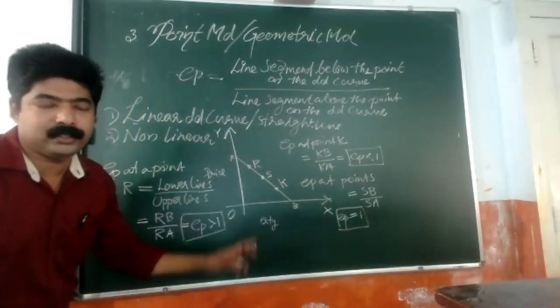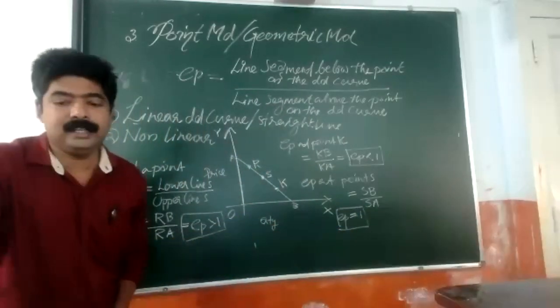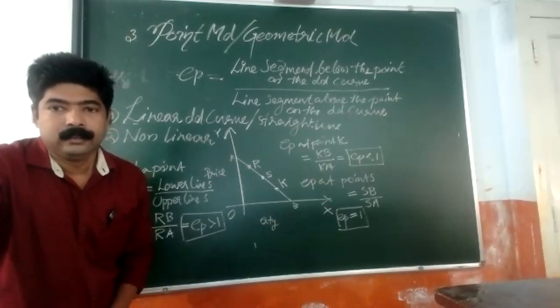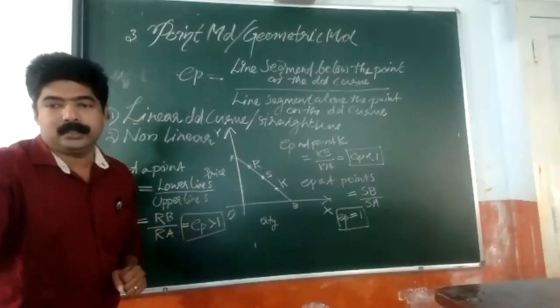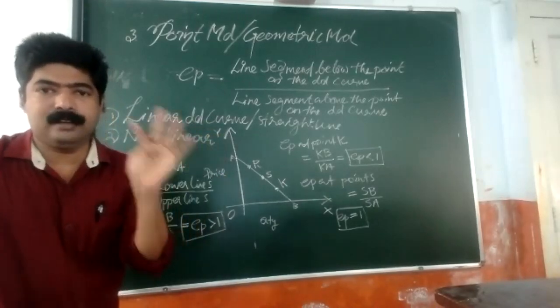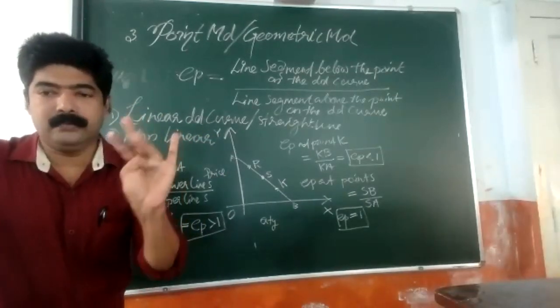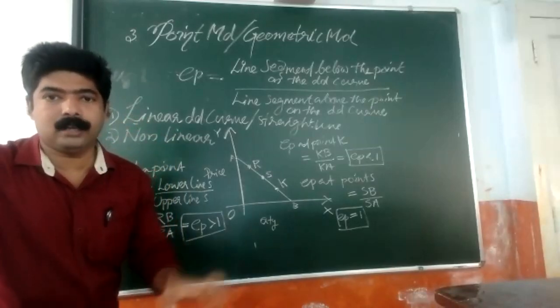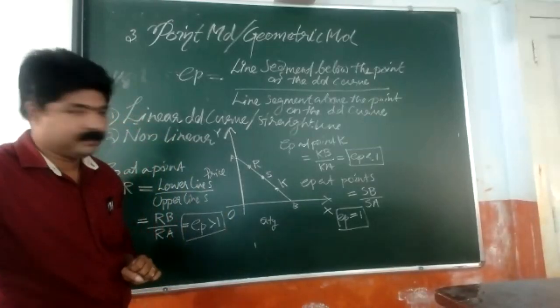Listen, three values we have seen. Not only three, there are five different values we have to find out: greater than 1, less than 1, equal to 1, infinity and 0. All those five types of elasticities.